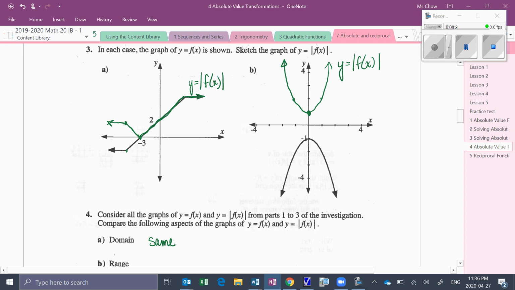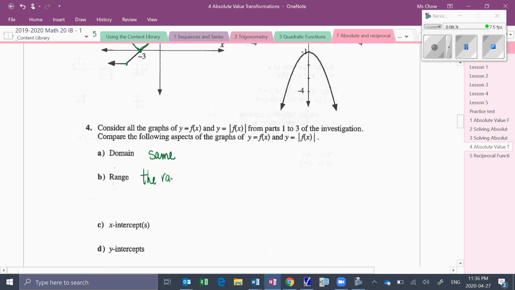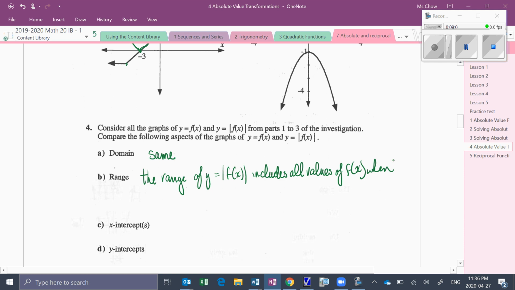So we can say that the range of y is equal to the absolute value of f of x then includes all values of f of x when f of x is greater than 0, and all values of negative f of x.